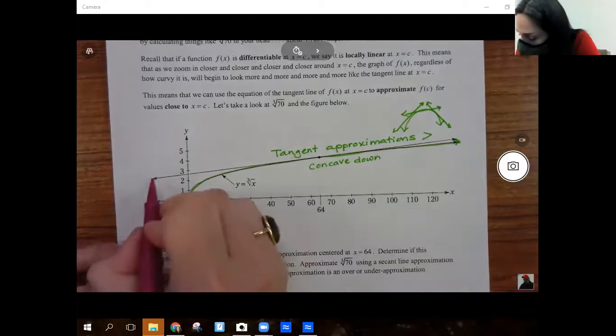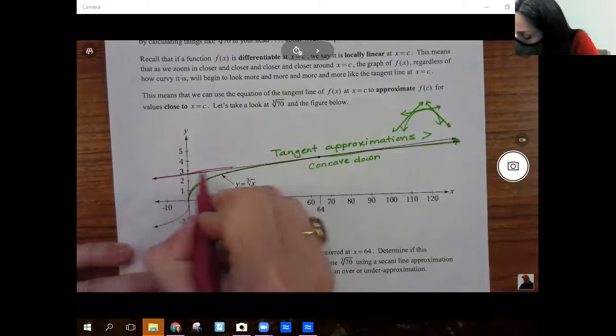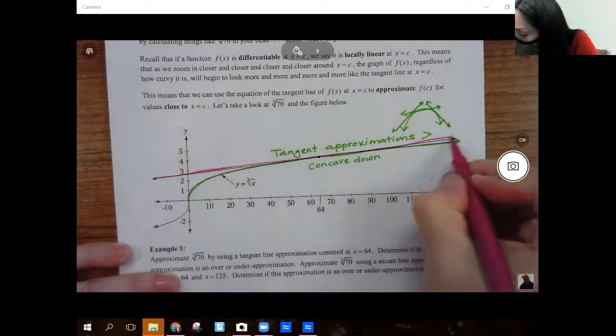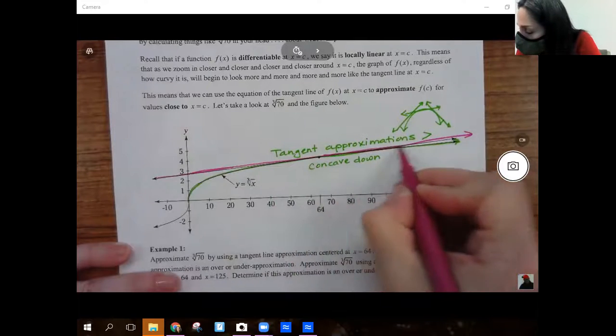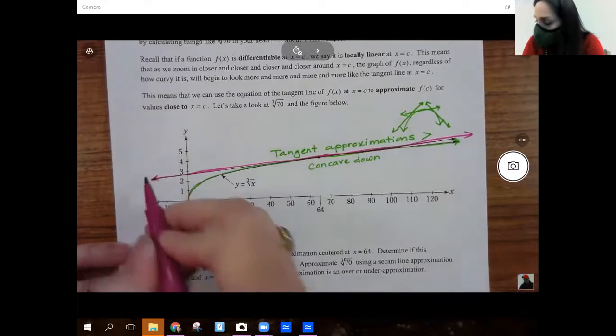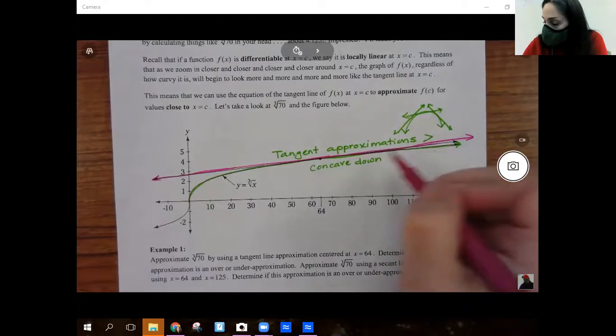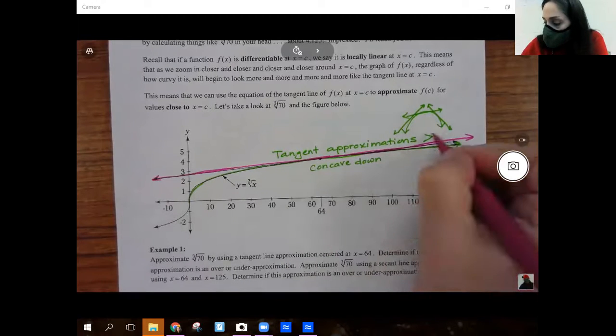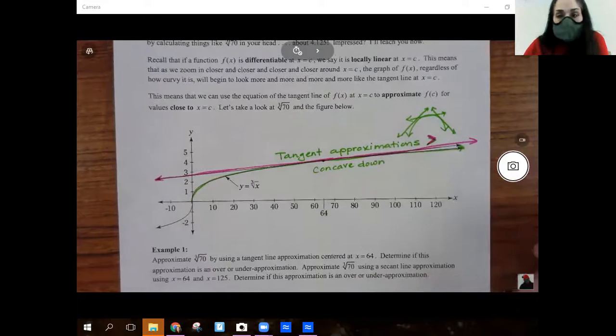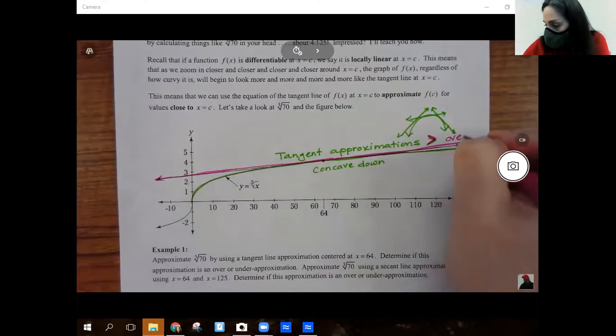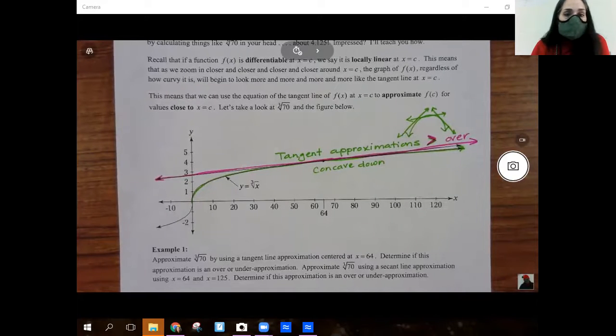So if I draw my tangent line in here, my tangent line is above my curve, so my y values on my tangent line are going to be higher than my y values on the actual curve. So this is going to be an approximation that is greater than the curve. That's also known as an over approximation, right? If it's bigger, it's an over approximation.